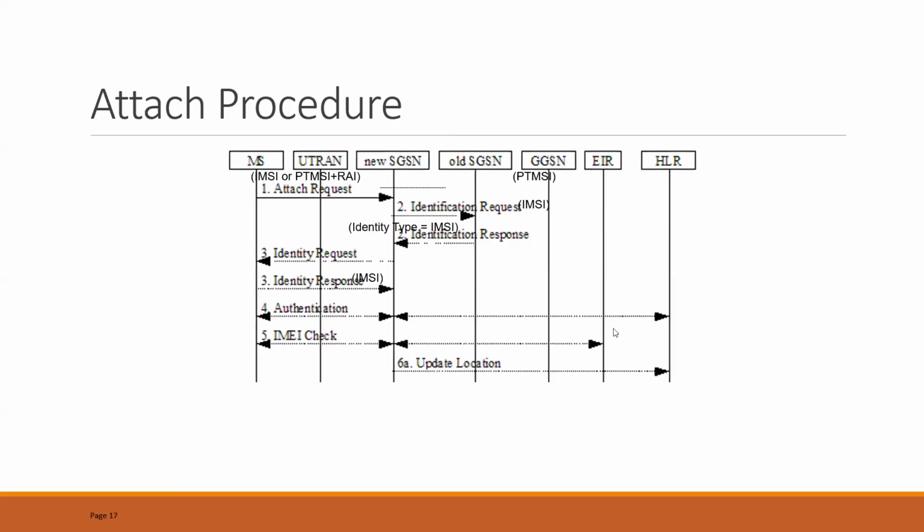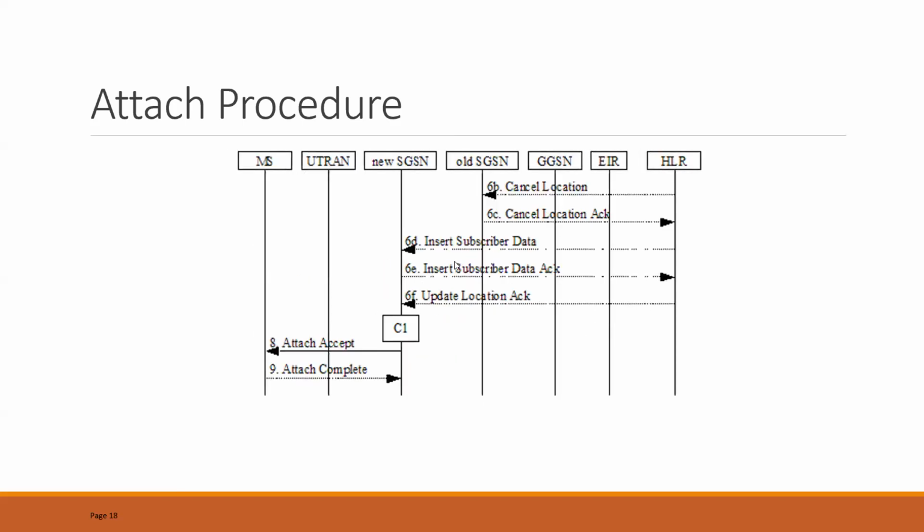And as a response to your update location, the HLR will send the insert subscriber data. This insert subscriber data is the provisioning information that is provisioned in the HLR against your MSISDN. So you have your quality of service information, or you have the different access points, your different APNs that you have subscribed to. Those are configured in the HLR.